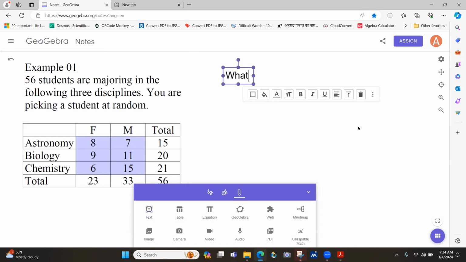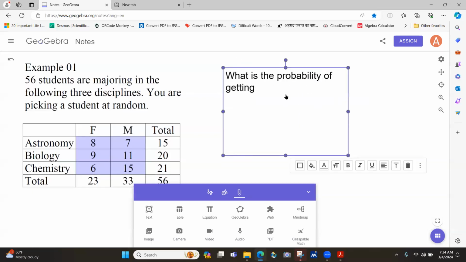Find the probability of getting an astronomy major, given that she is female.